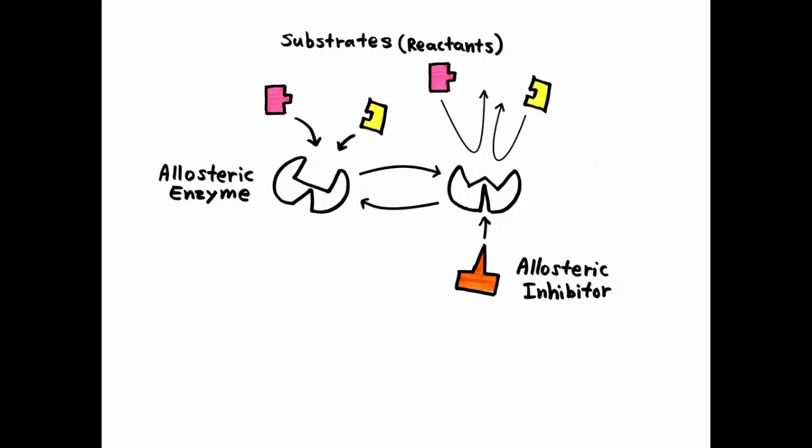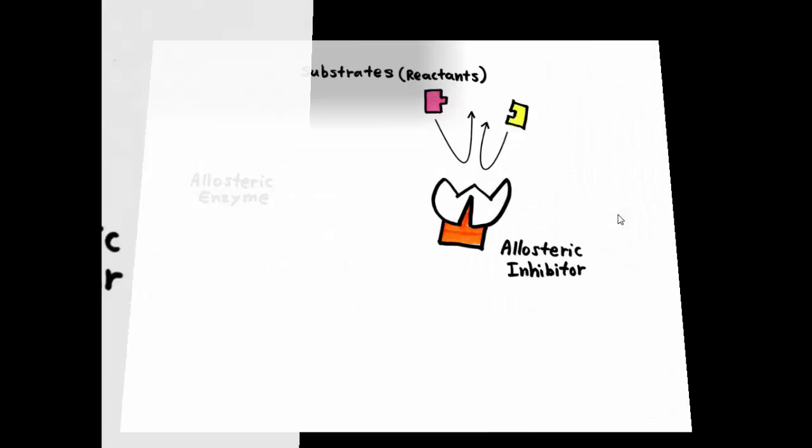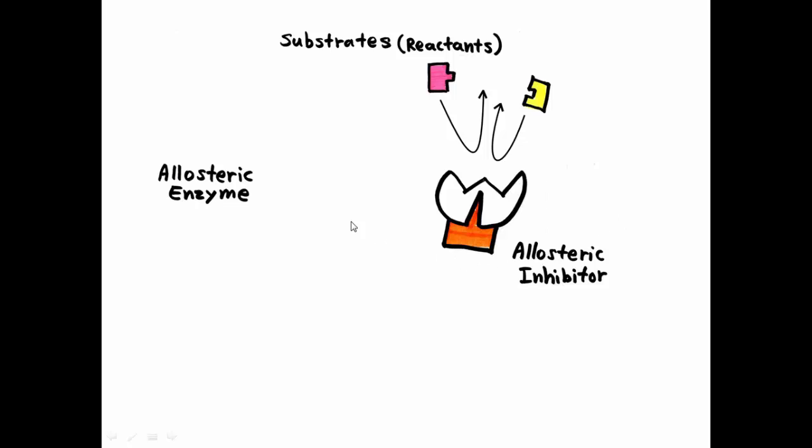Allosteric enzymes may also have allosteric inhibitors. So it's possible for a different molecule to bind to the allosteric site, and if this one attaches to the allosteric site, it'll lock the enzyme into its non-functional conformation. If the enzymes are all converted to this form, the non-active form, by attachment to allosteric inhibitors, then all of the enzyme reactions will cease.